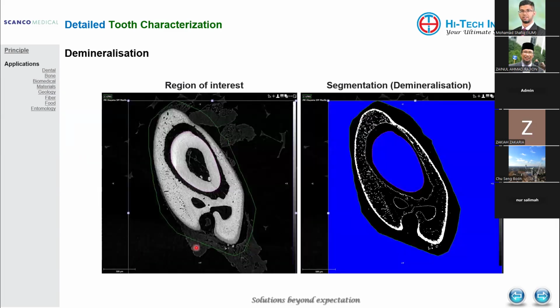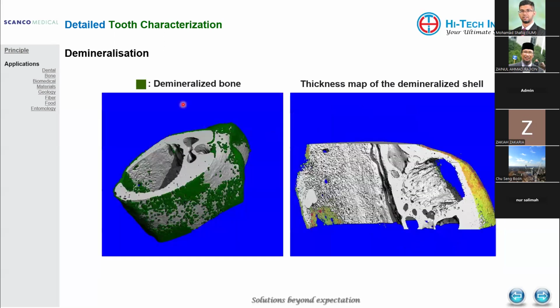At the same time, you can also look at the outer layer and the level of density loss, which we call demineralization of the tooth. We can highlight the whole region here and use the software to create a very nice representative image.